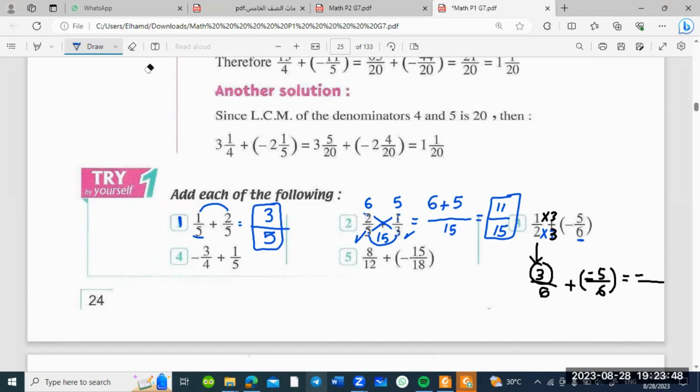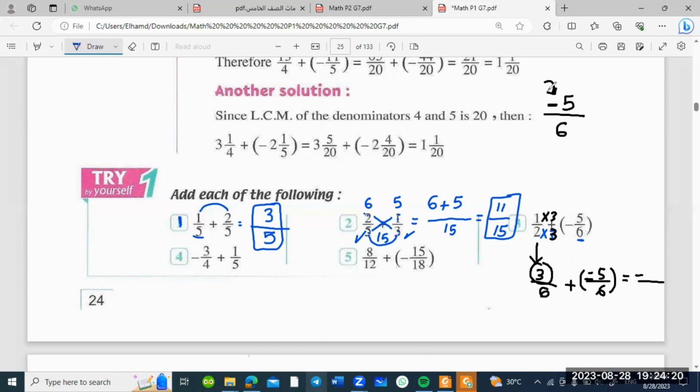Look, this is a good question, because sometimes you get confused about this sign. The sign of the fraction, okay? It's the sign of the whole rational number, not just the numerator. So when I ask you what is the sign of this rational number, you will tell me the sign is negative. The negative is not for 6 only and not for 5 only, it's for the rational number.